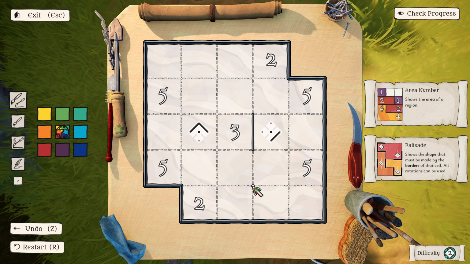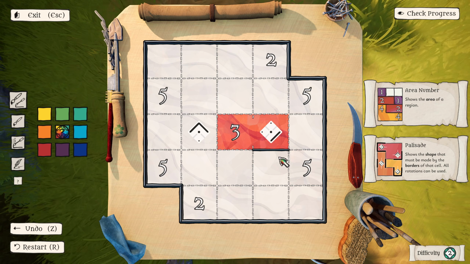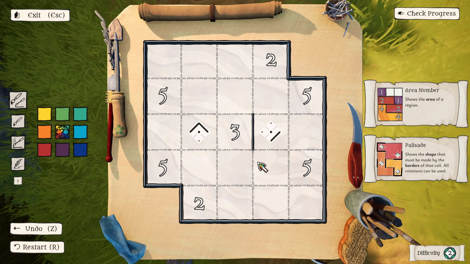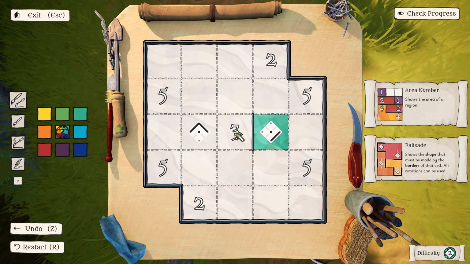This line has to exist. Because if this is joined with this in any way, wherever we put this line, this becomes not a 3 anymore. So that line must exist. Palisades show the shapes. That could be a corner.